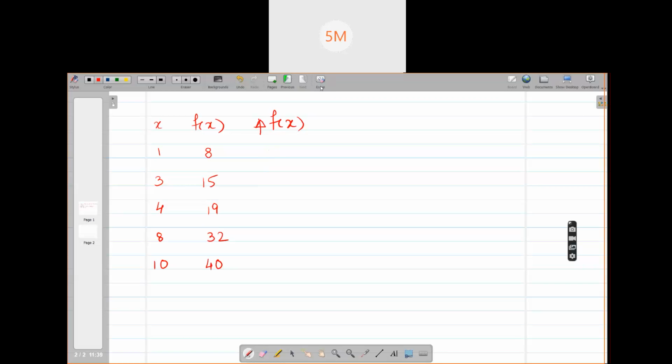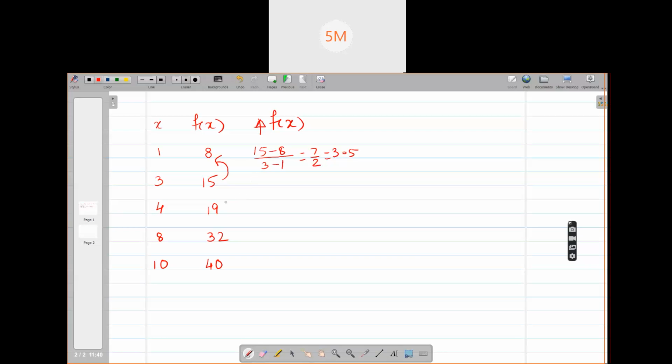Yes, now tell me the first divided difference. Fx values I have written already. Tell me the first divided difference. 3.5. Yes, next is 4.